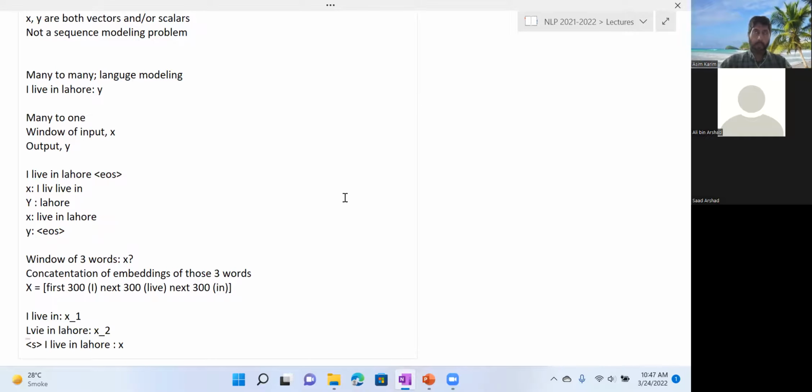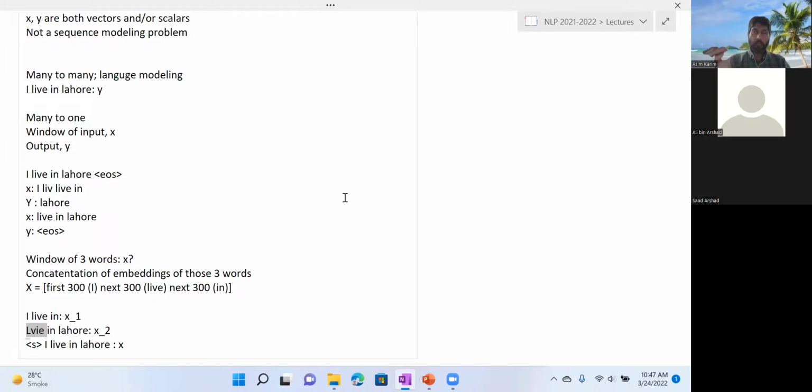So you notice that in X1, the embedding for "live" appears in the second position, while in X2, the embedding for "live" appears in the first position. And this would happen for all sentences. Any particular word may occur in any position of a vector.